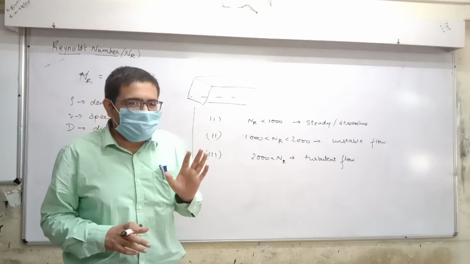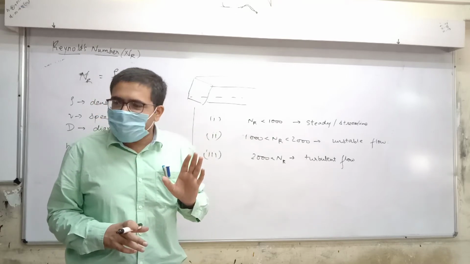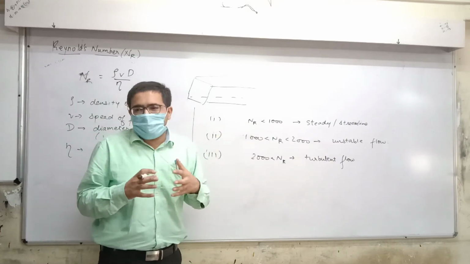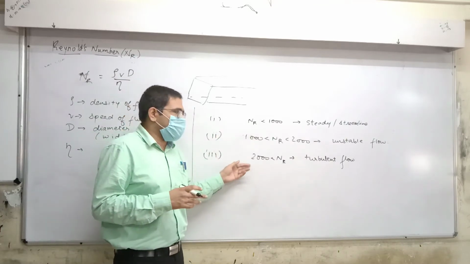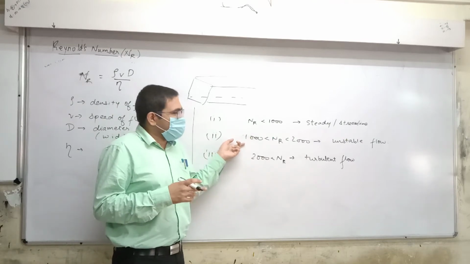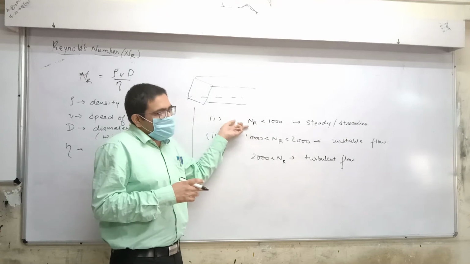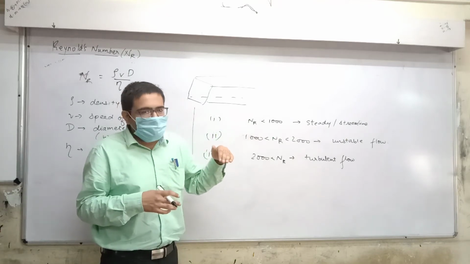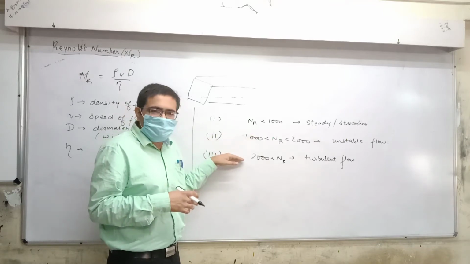Understood? In turbulent flow, particles could be going here and there. There's a lot of randomness. That's called turbulent. Unstable is where sometimes it becomes steady and then some time later once again it will become turbulent. I hope you understood the difference between the three.